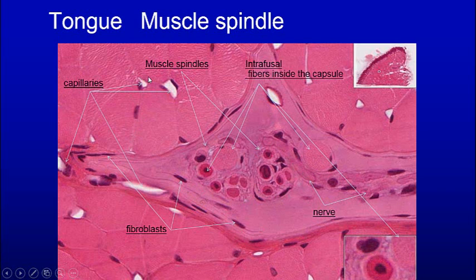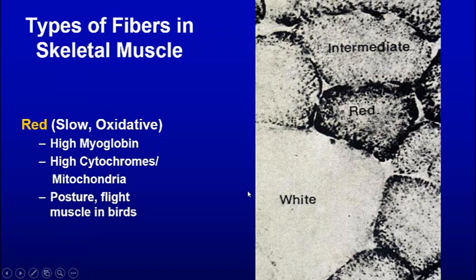And these are nuclei of the muscle cells themselves, but this is a muscle spindle. There's another muscle spindle here, and these are the intrafusal fibers, or the muscle cell fibers inside these. They're striated; they're really modified skeletal muscle cells.